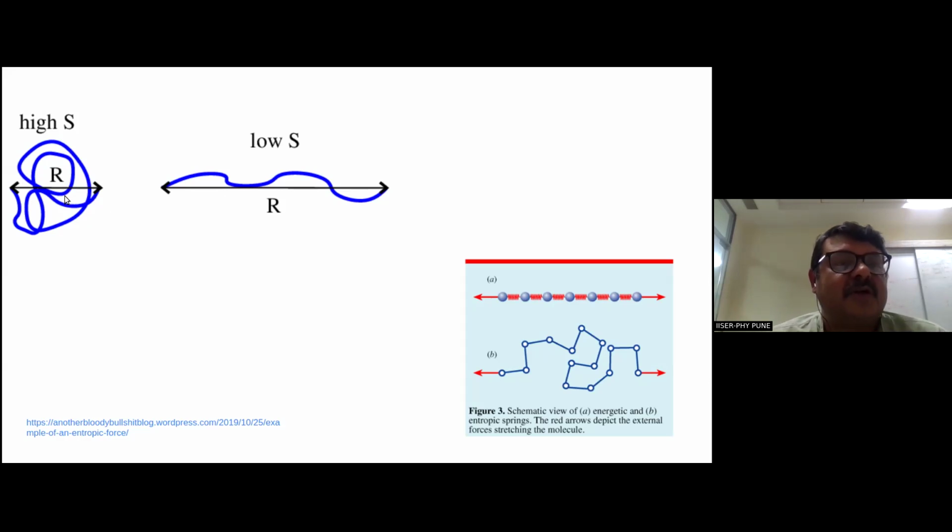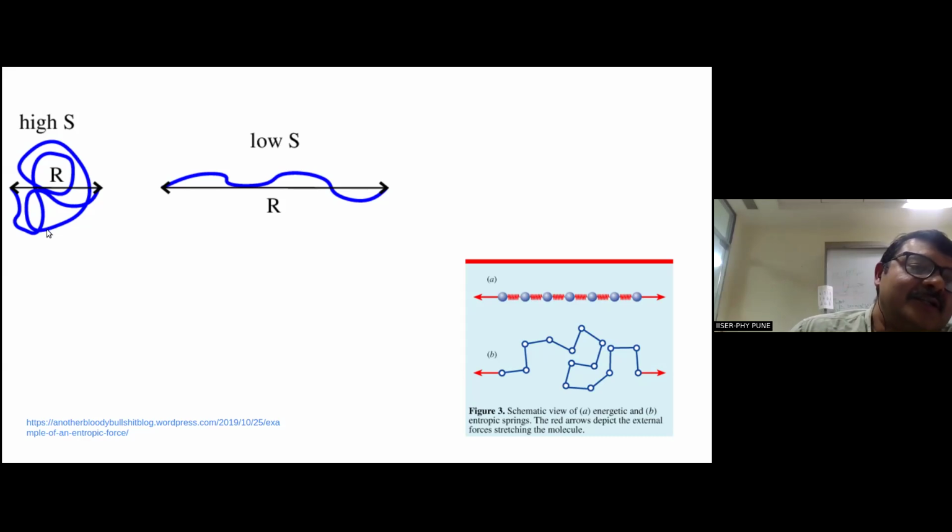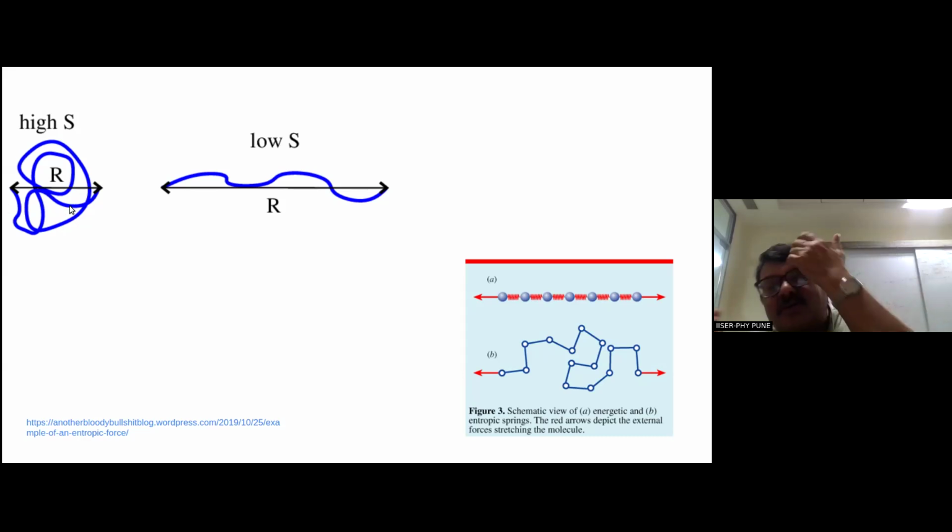Remember, yesterday when I was talking about random walks, when the end of the random walk was close to zero, that's the case where you could take the largest number of random walks. And remember, at the end, I told you that the bond vectors of a polymer could be thought of as a random walk in 3D.